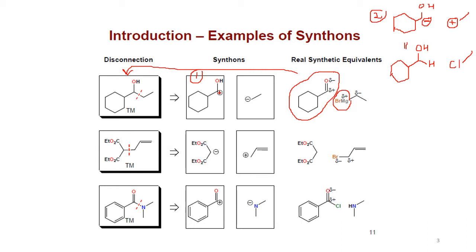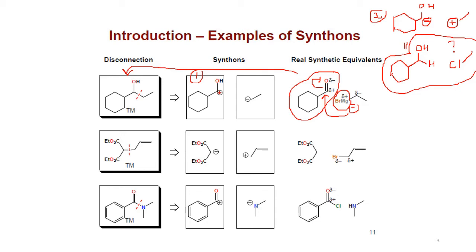But if you look at this reaction, can you think of a reaction that is suitable for this synthetic equivalent? Which one will be the nucleophile, and which one will be the electrophile? In a Grignard reaction, you already know the nucleophile is the alkyl part, so it will attack this carbon and the bond will move. But what about this reaction?